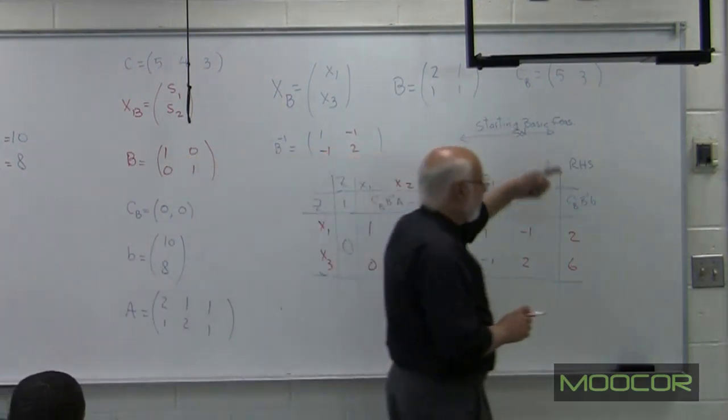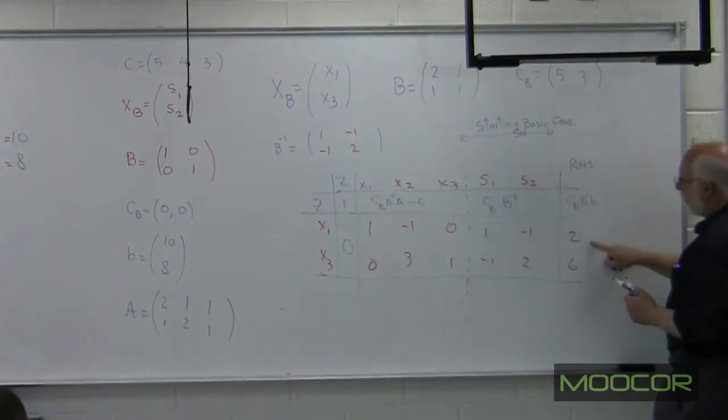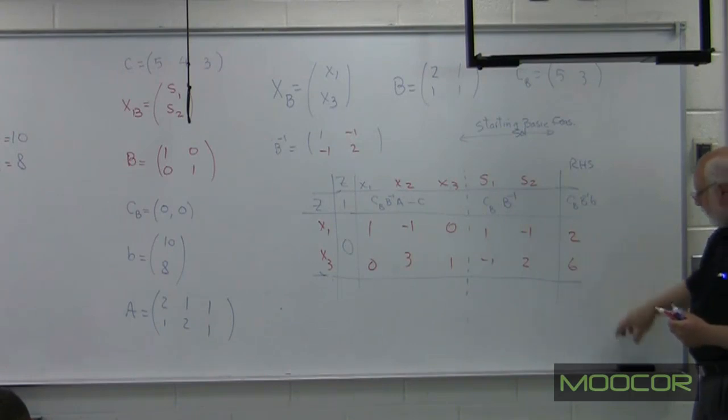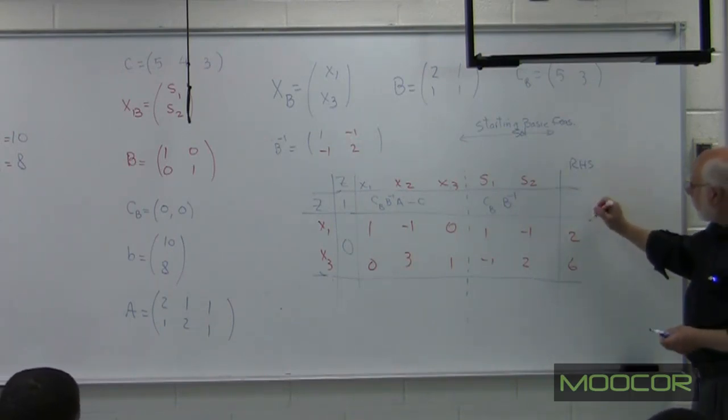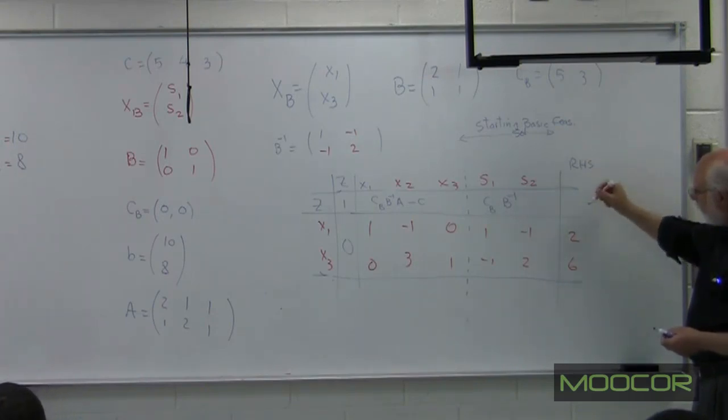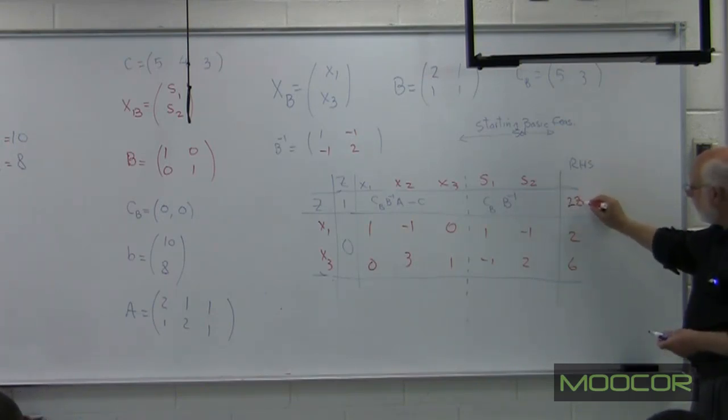CB is 5 and 3, multiply that. That becomes 10 plus 18, that's 28.